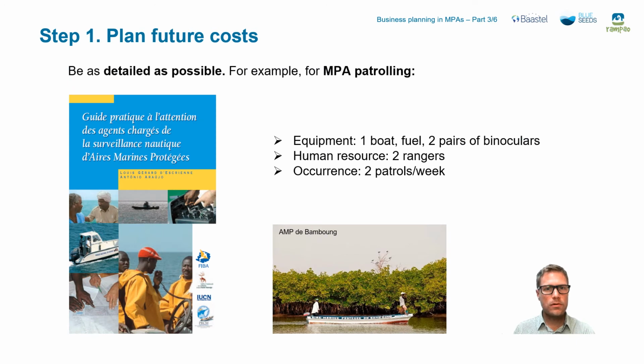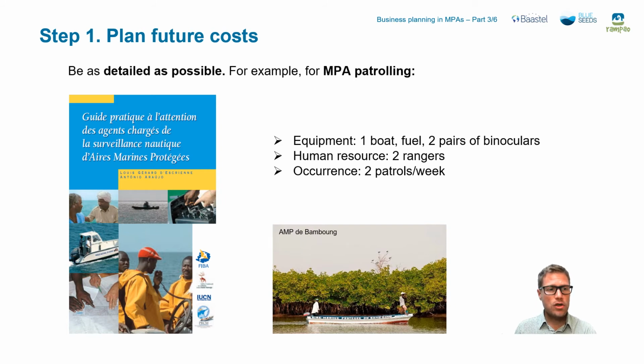It is important to stress that during this phase, when you are listing all the activities necessary to reach your conservation objectives, you need to be as detailed as possible. For example, if you are listing the enforcement activities like MPA patrolling, you literally need to think about every type of equipment needed, the human resource, and the occurrence of this activity.